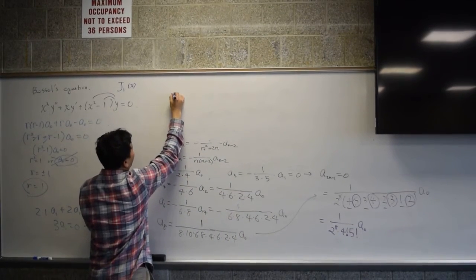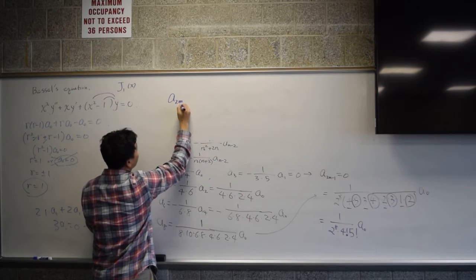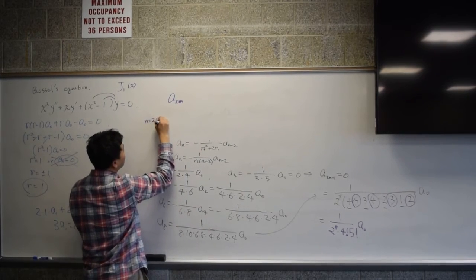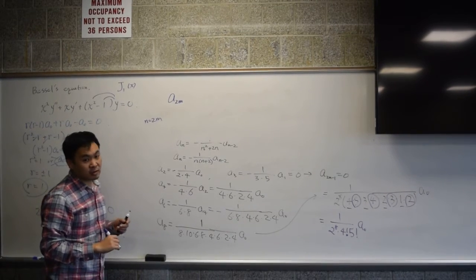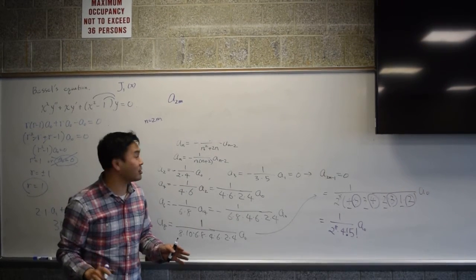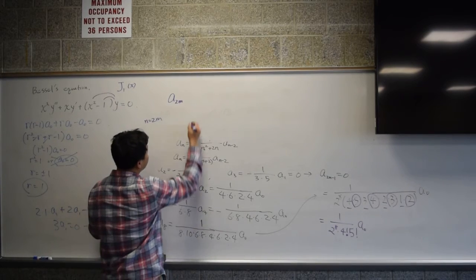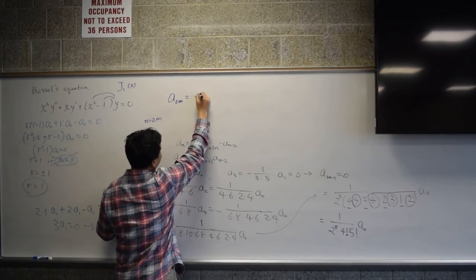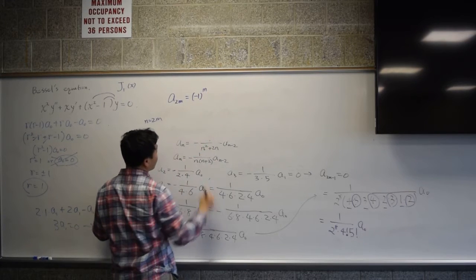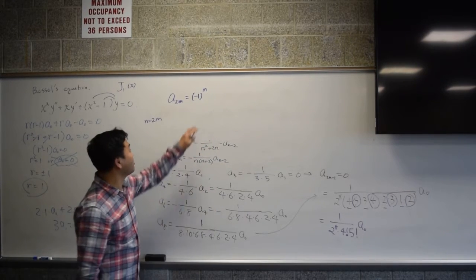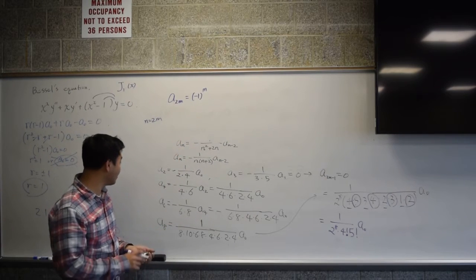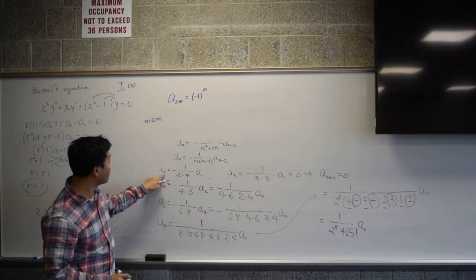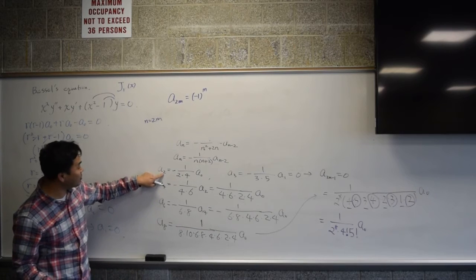If you have A of 2m, so let's say n is equal to 2m for some m, I don't care about the odd terms because they're going to go away. Then it's going to be -1 to some power, because if you just multiply -1 over and over again, it alternates in sign. And I think that's right, because if m is 1, it's negative.